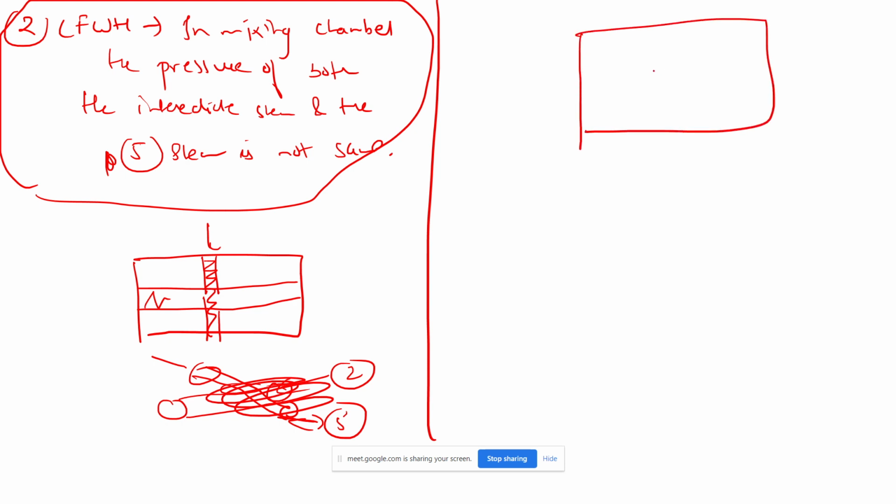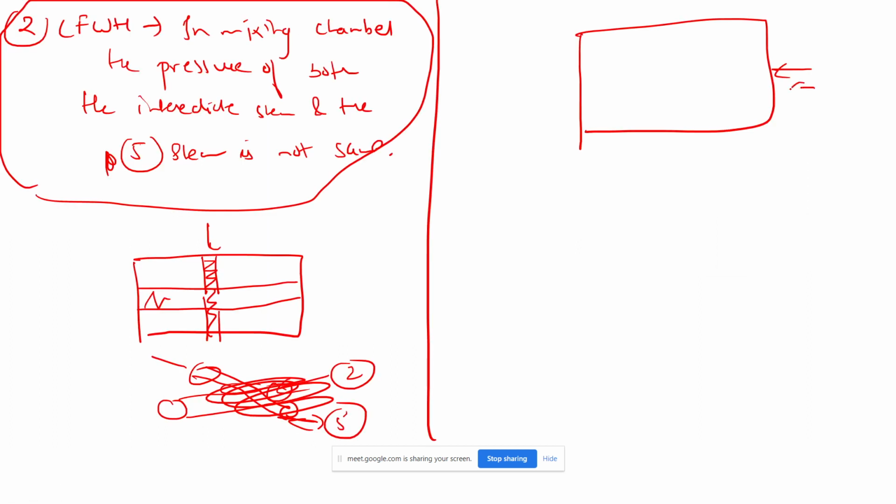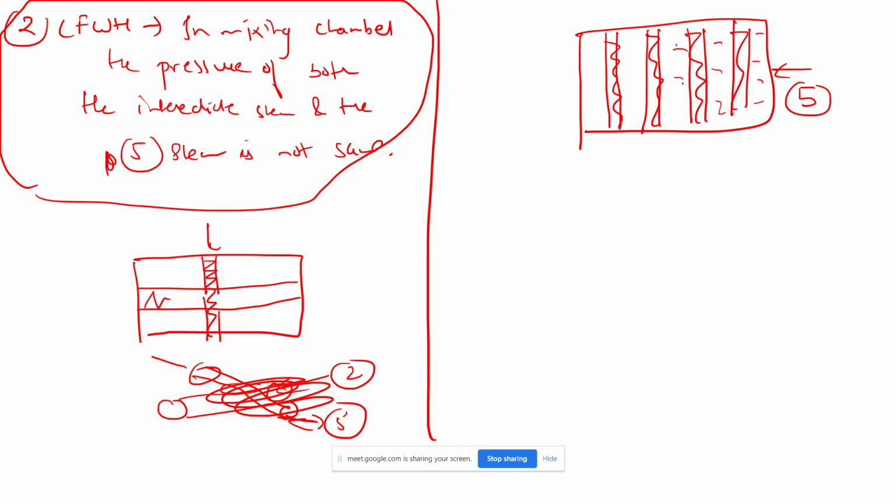Suppose this is a closed feed water heater, inside which you can assume the entire steam at condition 5 is coming. The intermediate steam will flow through the pipe like this. It will have some different pressure, and inside this it is filled with H5 condition steam.